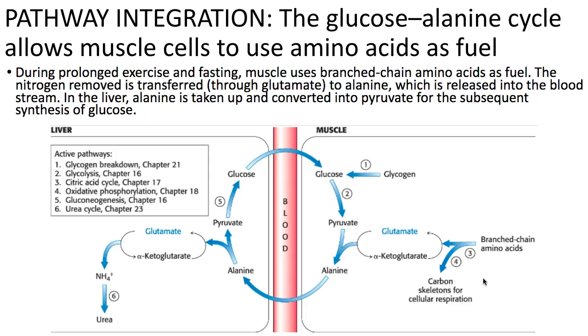So, as far as the muscles and breaking down the branched-chain amino acids, you see here we're talking about the muscles. You have branched-chain amino acids. They can go down two different paths. One is to be broken down to carbon skeletons for cellular respiration, or it can transfer over its amino group to alpha-ketoglutarate to form glutamate again.